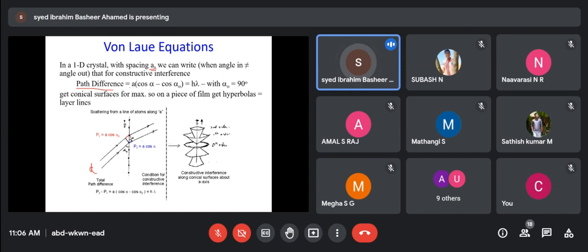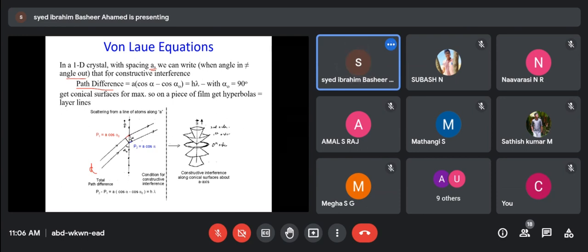Which is equal to a (cos alpha minus cos alpha 0). So here you can see this is the incident beam. Here is your lattice plane, and you have lattice points. From this point, the beam is bent, not going straight. The angle in is not equal to the angle out.